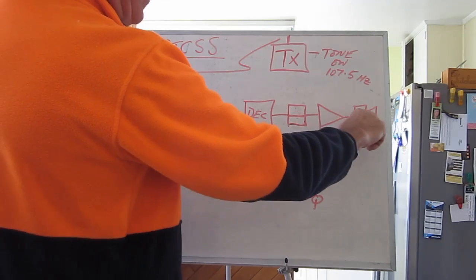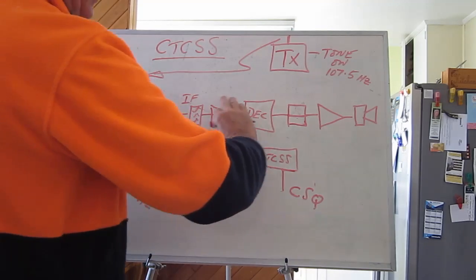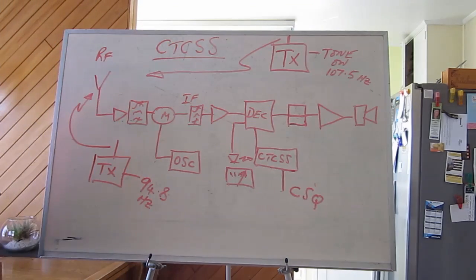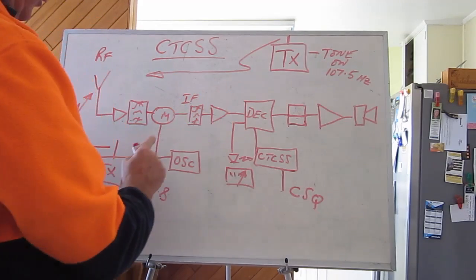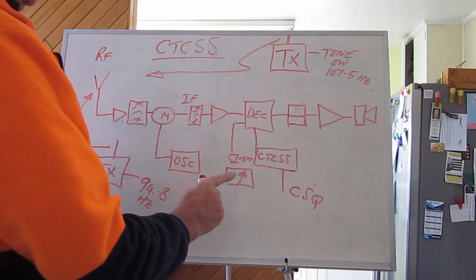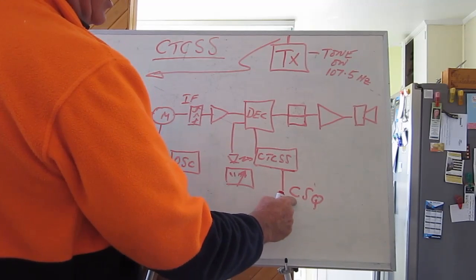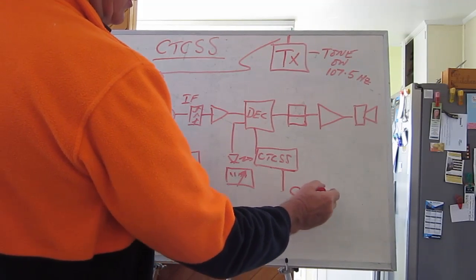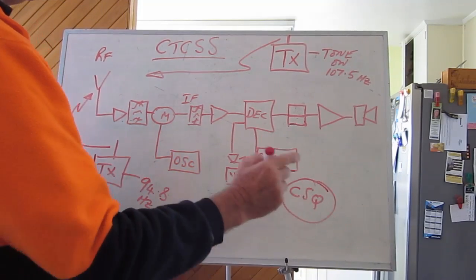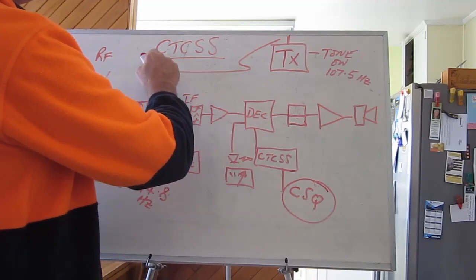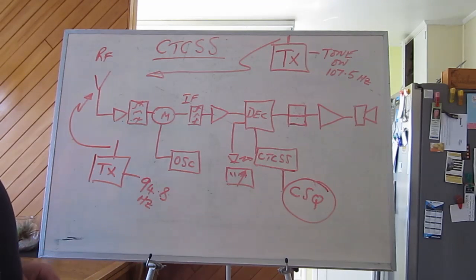The audio will come out here. This receiver then becomes open to every signal, including interfering signals, and becomes open to co-channel users on the same frequency. So by neglecting to put a CTCSS tone into the receiver side of your programming, you're completely negating the entire CTCSS tone control capability.